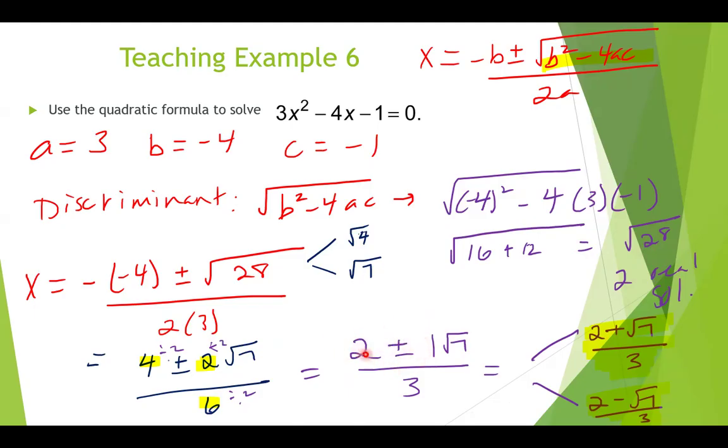If it gives you that option, then you can input it as so. If it does not, then you're going to separate your two solutions, as an addition problem and as a subtraction problem, because that's what the plus or minus means. Capiche?